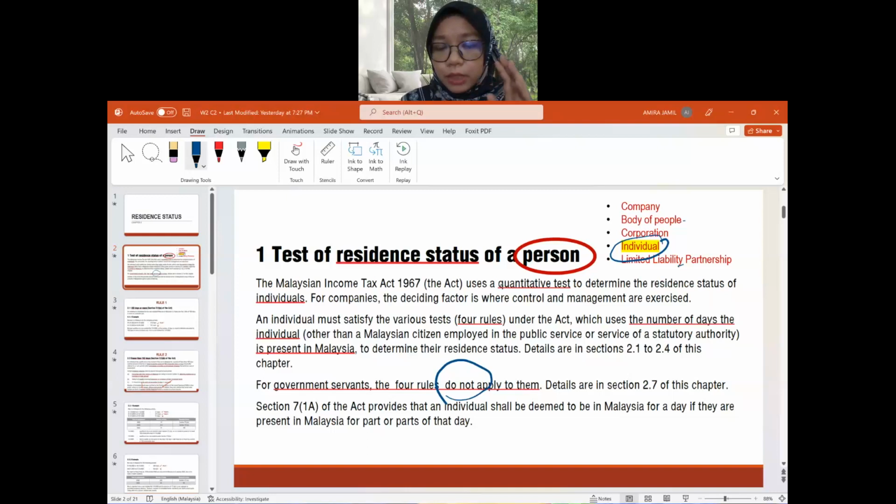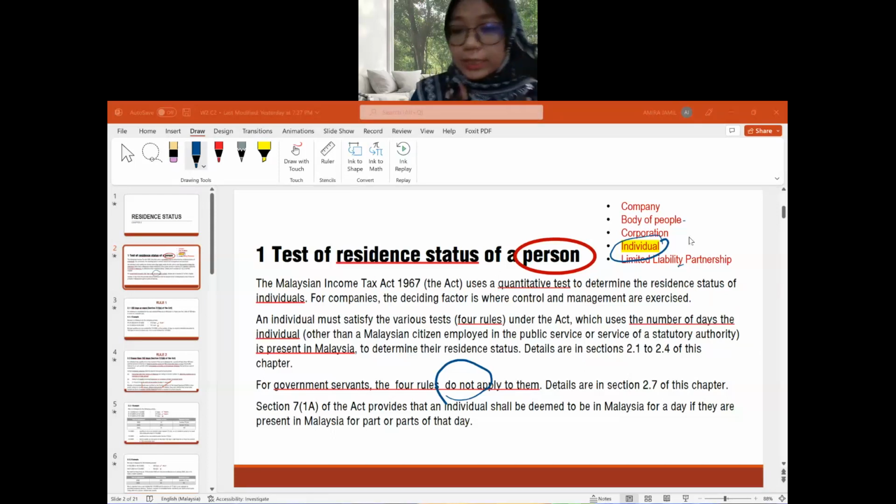So in the test of resident status, we depend on the number of days the individual is present in Malaysia. How long they are in Malaysia determines their resident status.